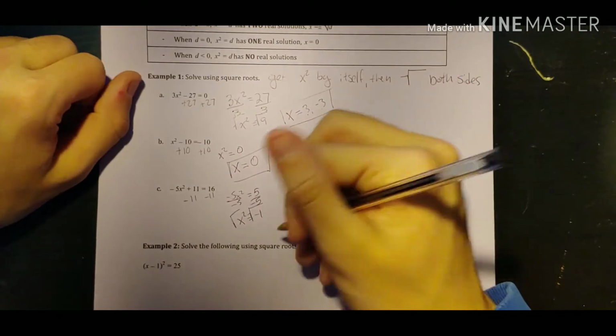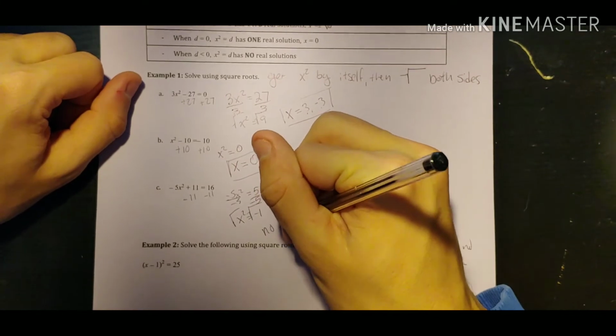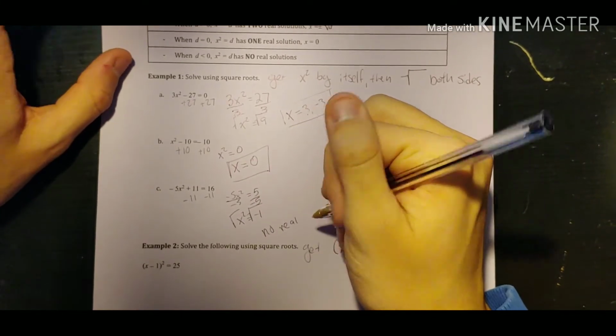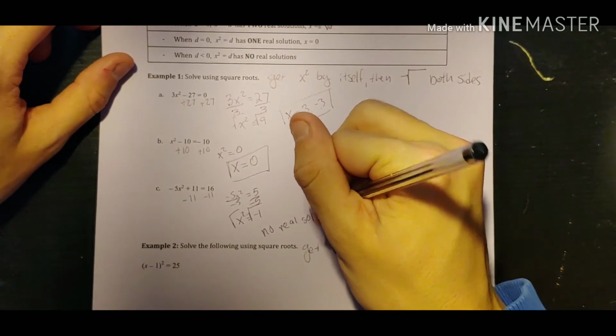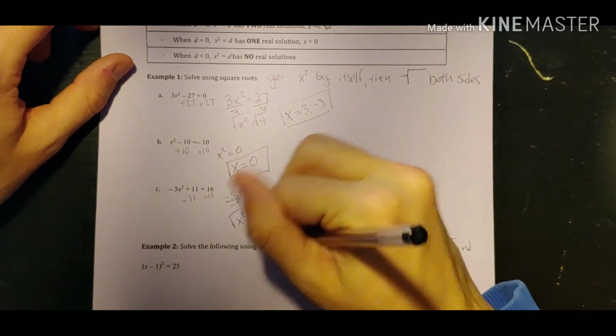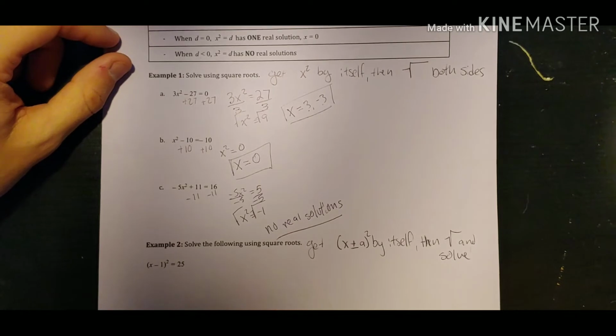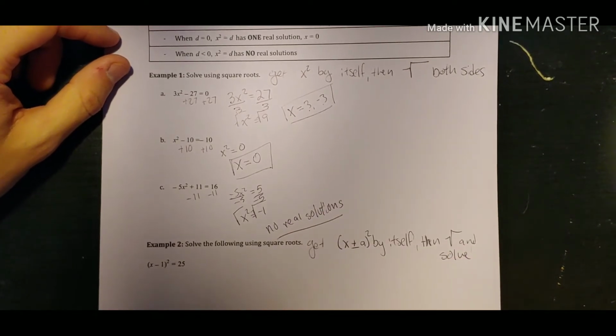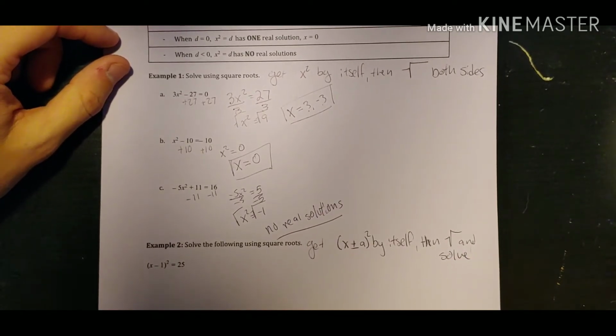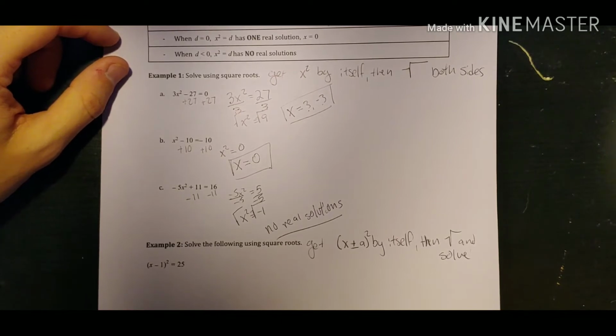Absolutely not. So this one is no real solutions. All right, there is a solution, which you will learn down the road in Algebra 2, but you are not going to focus on that for the time being.